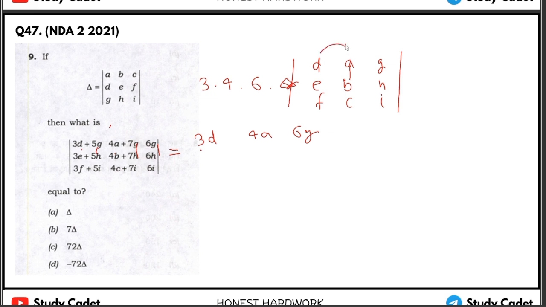So we need to interchange both, and then we will get our determinant delta. So the sign will be changed because we are interchanging 2 rows. So 3 into 4 into 6 and minus delta, so it will be 72 minus 72 delta.